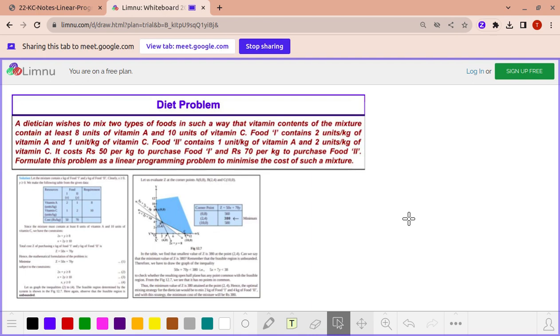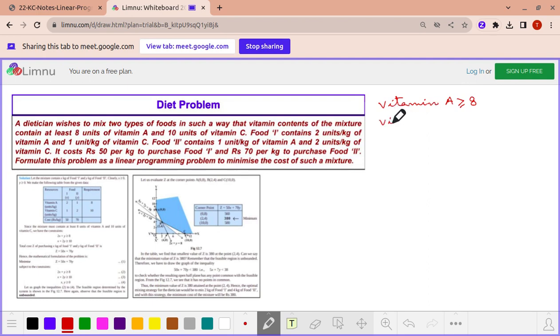A dietitian wishes to mix two types of foods in such a way that the vitamin contents of the mixture contain at least 8 units of vitamin A. So that means the first constraint is that vitamin A, I am writing it here, should be at least 8 units. So vitamin A should be greater than or equal to 8 units, and vitamin C 10 units.